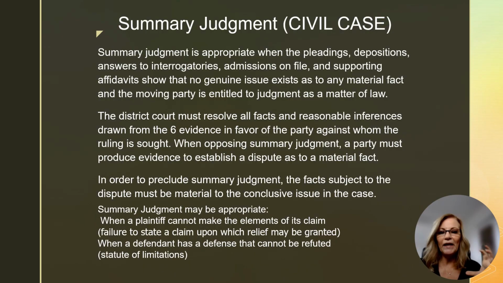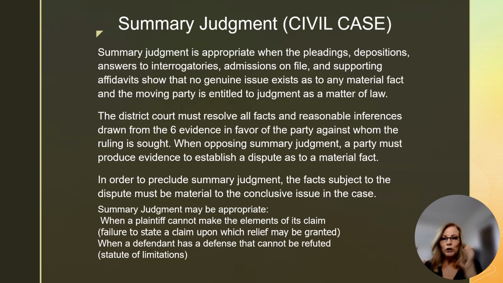And basically what that means is you have filed a lawsuit on someone and there are no disputes on the material facts. Both parties agree these are the material facts. Yet you have not provided anything for one of the elements of your claim. Okay? That's called failure to state a claim upon which relief may be granted.